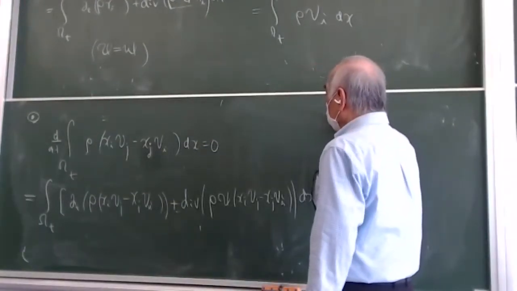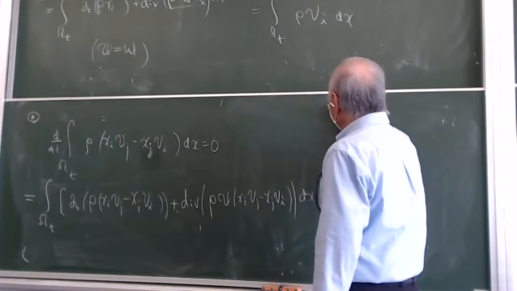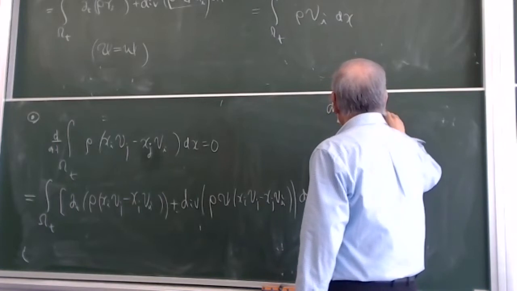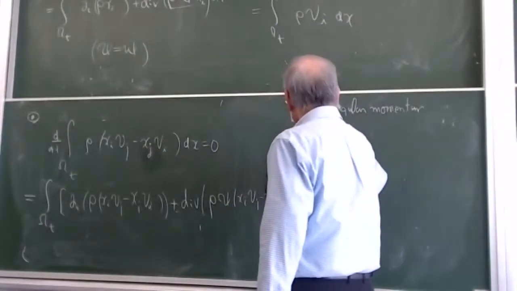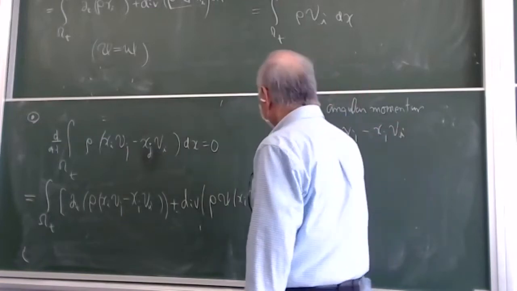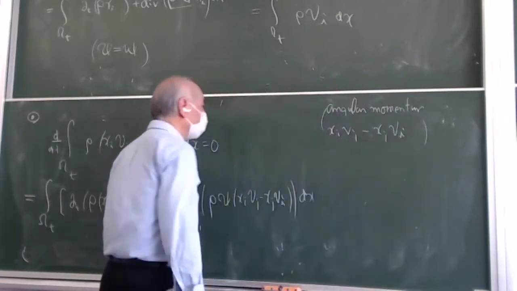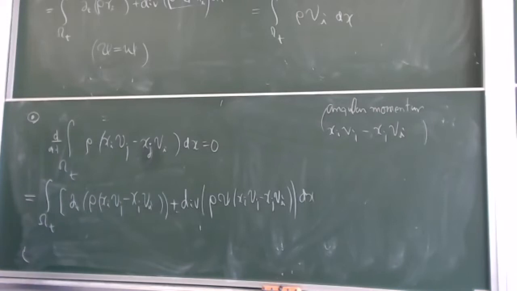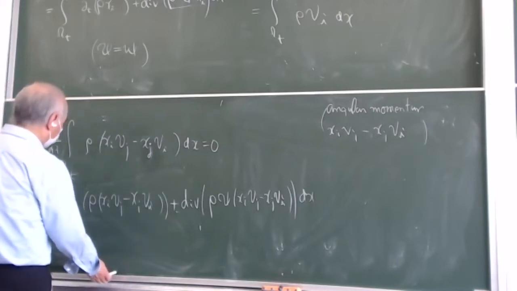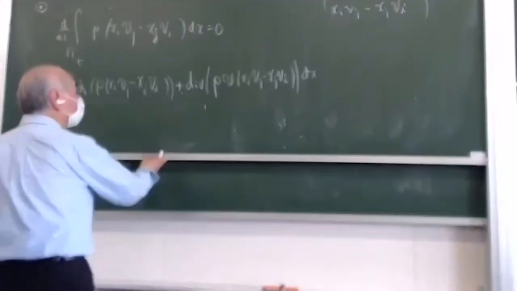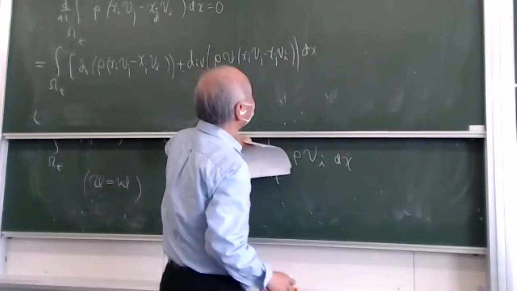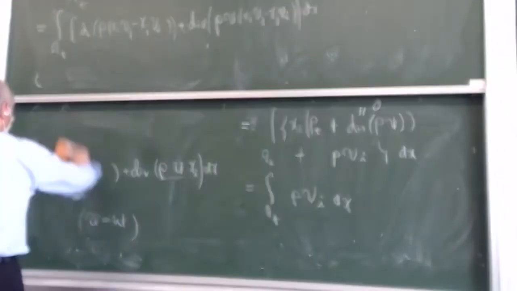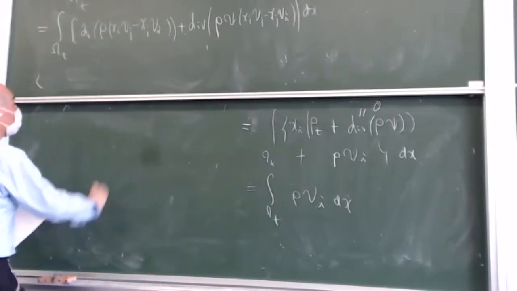Now, angular momentum. This is the ith component of the angular momentum: x_j d/dt x_i minus x_i d/dt x_j is the component of the angular momentum.